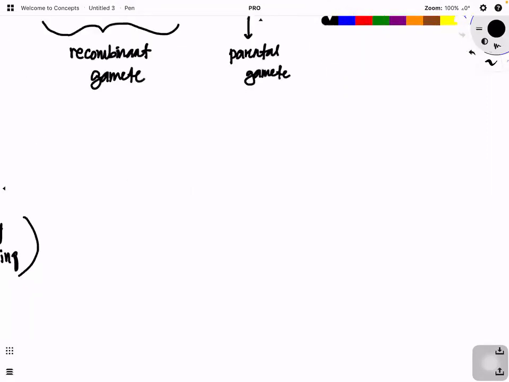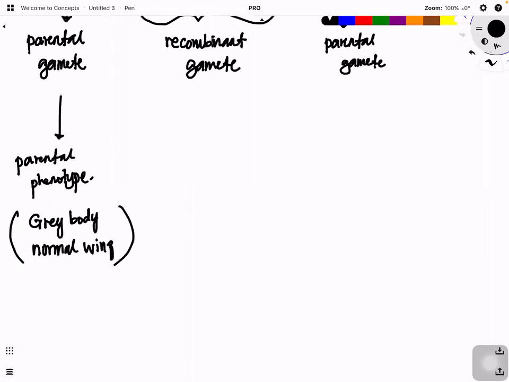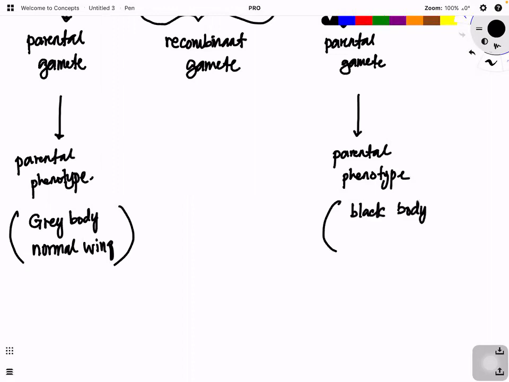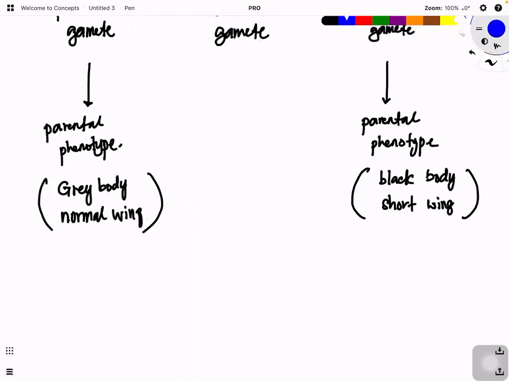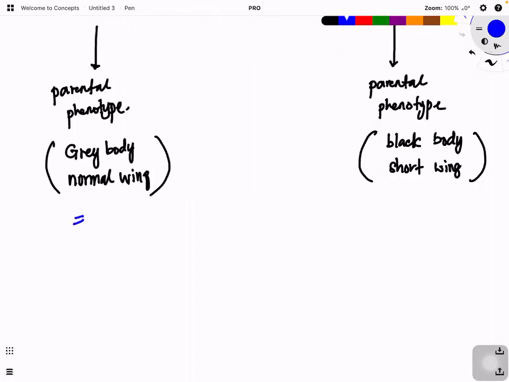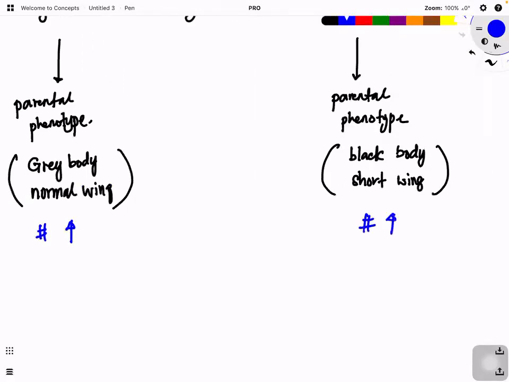This other parental gamete also gives us the parental phenotype, the black body, vestigial or short wing. These two will be in high proportions, meaning their number will be high, because there is no crossing over.